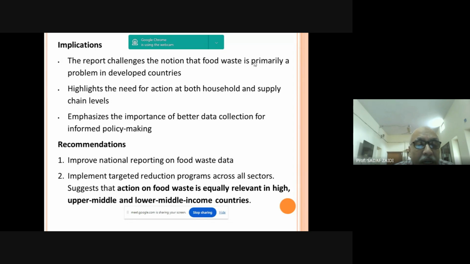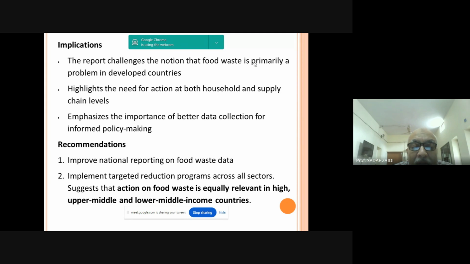So in recommendations, it recommends that there should be improved national reporting on food waste data, that countries should come forward and put in place accurate systems so as to report the data, so as to collect genuine data on the food waste.